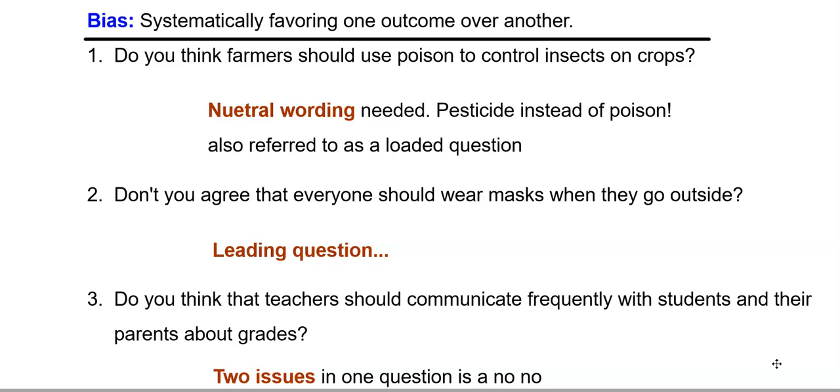You might be for communicating with students, but maybe not with parents unless it's certain situations and you felt like it was okay then. I'm not sure, but they're two different issues in one question. So you don't want that, it muddies the water. Keep it simple. If you want a good question that doesn't have a lot of bias, keep the question on the simple side of things.